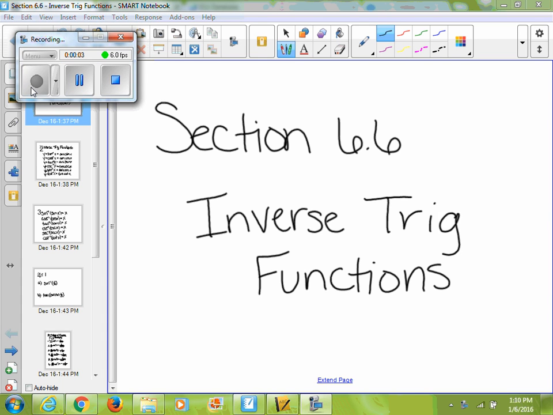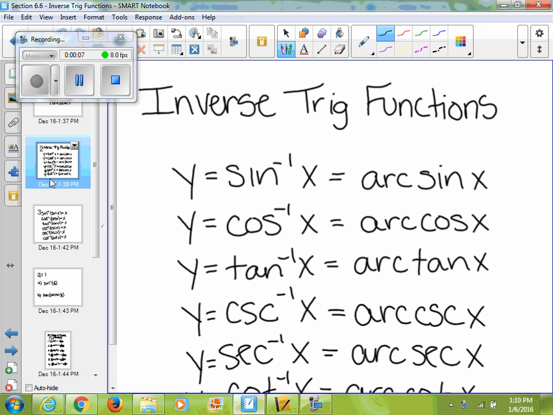Okay, so today we're going to look at 6.6, which is looking at inverse trigonometric functions for our 6 different trig functions.